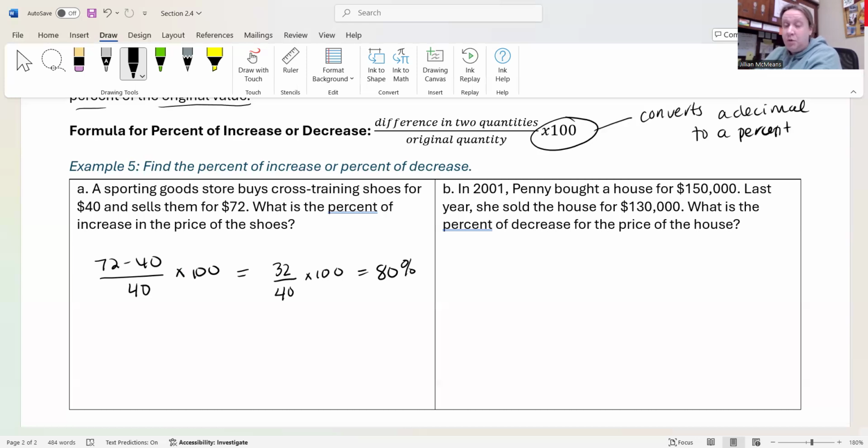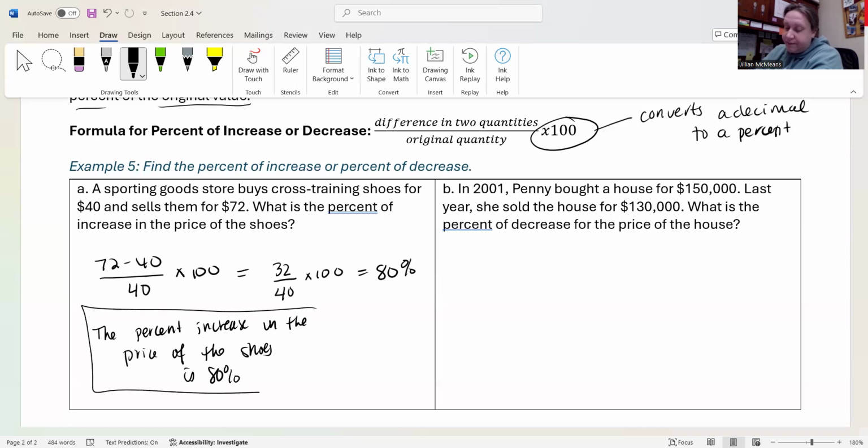At minimum, you want 80 with a percent symbol, but it's even better to say the percent of increase in the price of the shoes is 80%. Don't forget to describe your answers when you're dealing with word problems.